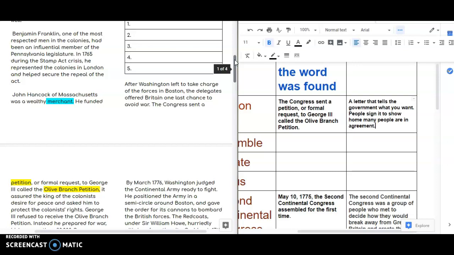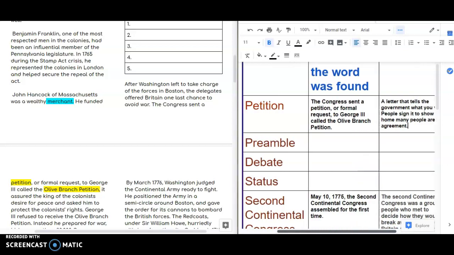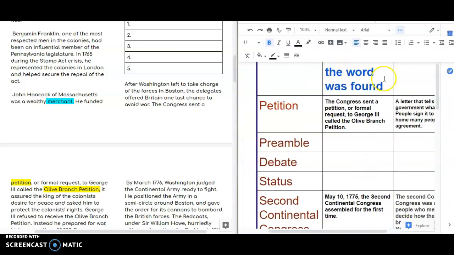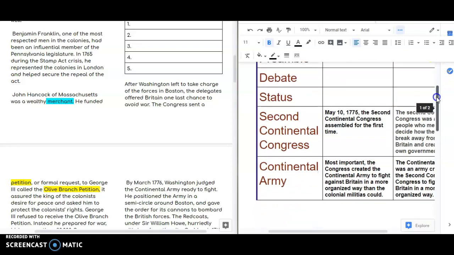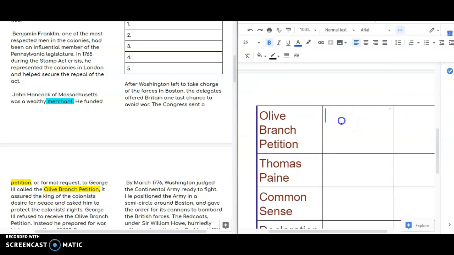So let's see, what is the next word? The next word is olive branch petition. I'm going to find the word and write the sentence where I found it. The olive branch petition assured the king of the colonists' desire for peace and asked him to protect the colonists' rights.